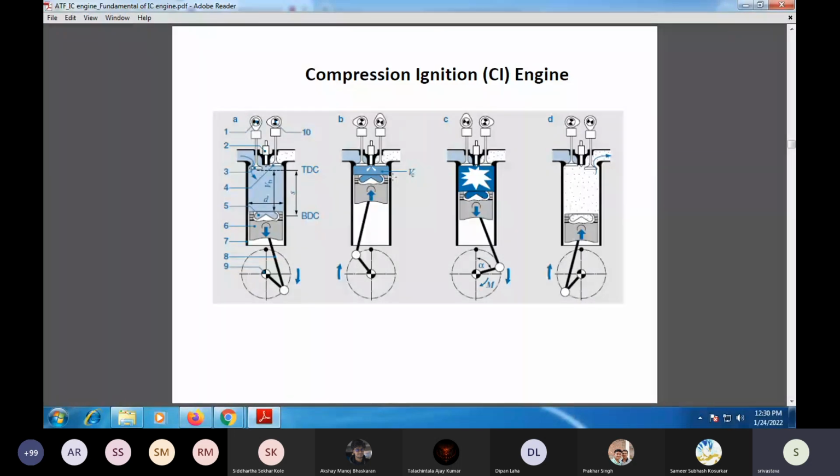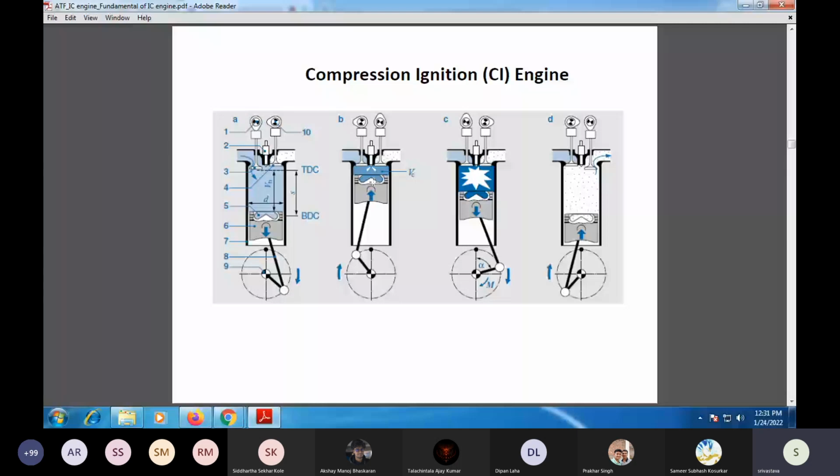One is to do something with the fuel injection parameter, and the second thing is to create a certain kind of motion of the air inside the combustion chamber. These are the two ways.